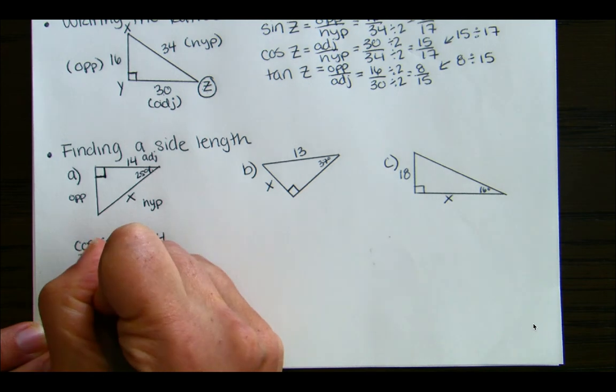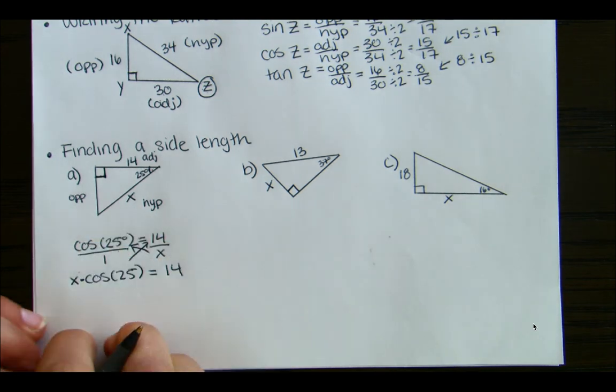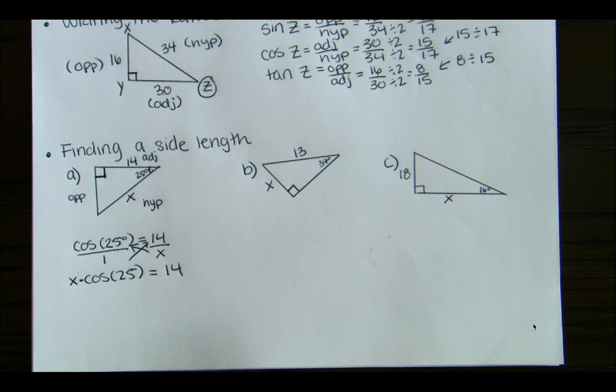So this is a times right here. I need to get x by itself. Notice that I'm not going to put cosine 25 into the calculator just yet. The reason I'm not doing that is because it's not going to give us an accurate answer if I proceed that way. The best way to do it is to keep it in the form it is until the very end.